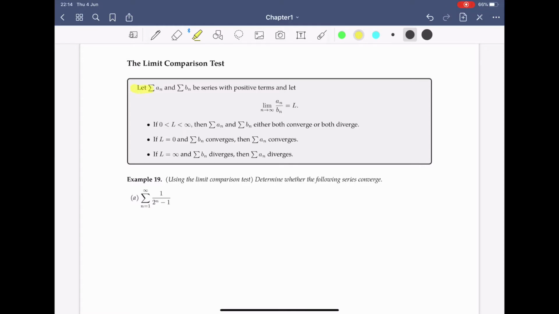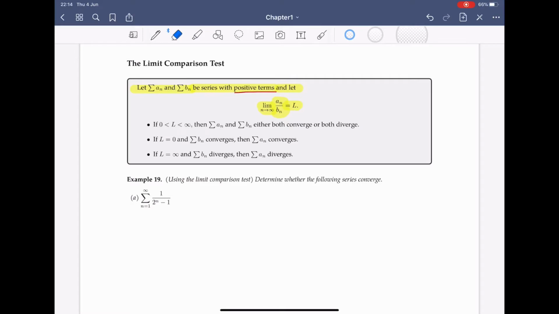Let summation a_n and summation b_n be series with positive terms. Keep in mind that you need positive terms here, and define L equal to the limit of a_n over b_n, where n goes to infinity.